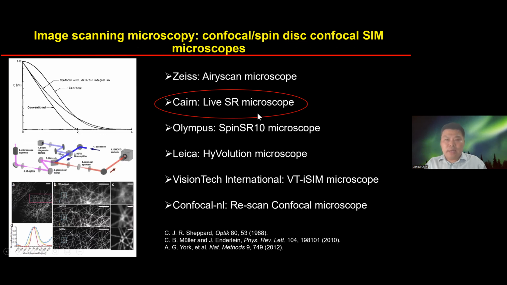So we try another one, image scanning microscopy, or confocal-like structured illumination super-resolution microscopy, first proposed by Sheppard and also lately reinvented by Aurelien Roux and Andrew York.